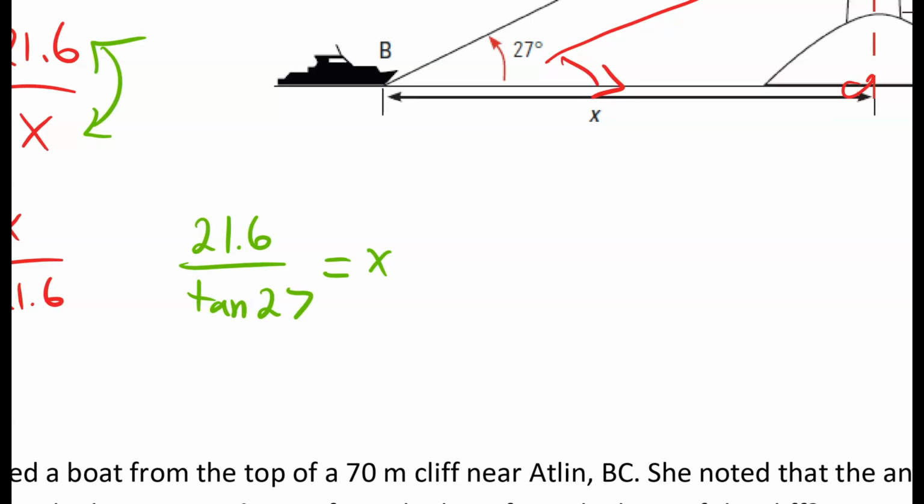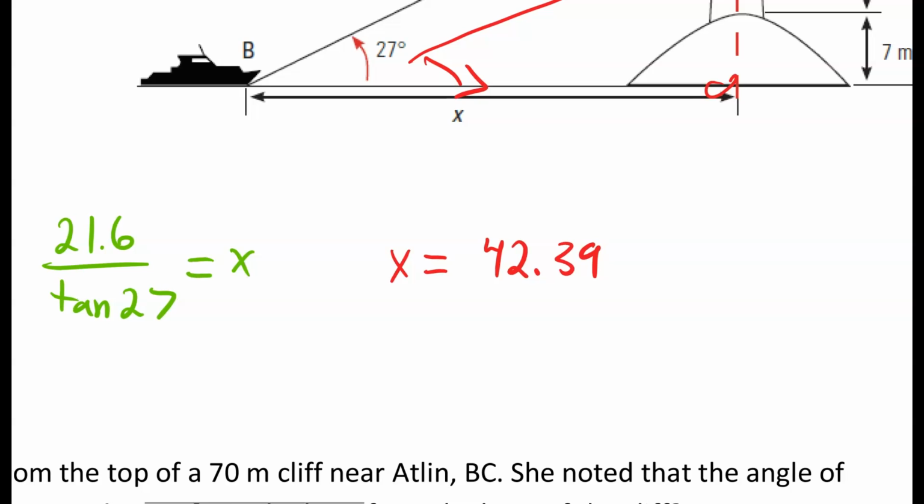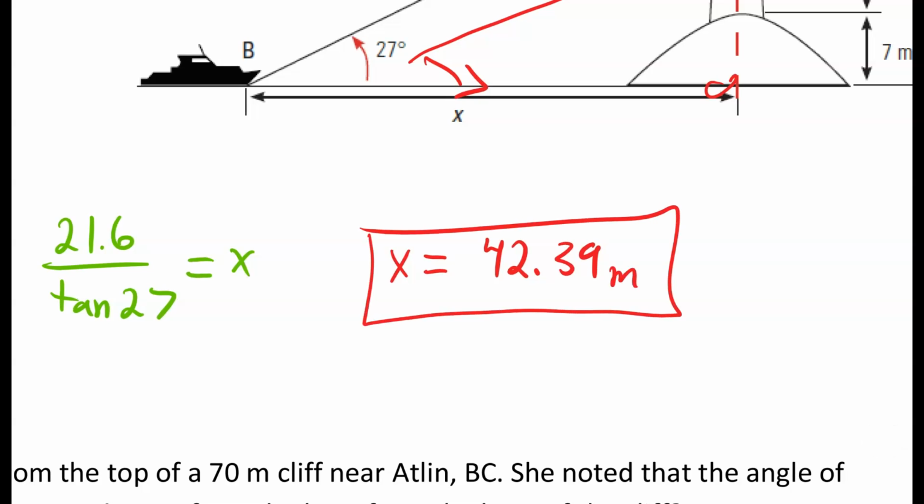Now to finish this off, we do 21.6 divided by tan 27, and we'd find out that our x is equal to 42.39, and our unit that we're working with is meters. So the boat is 42.39 meters away from the base of that lighthouse.